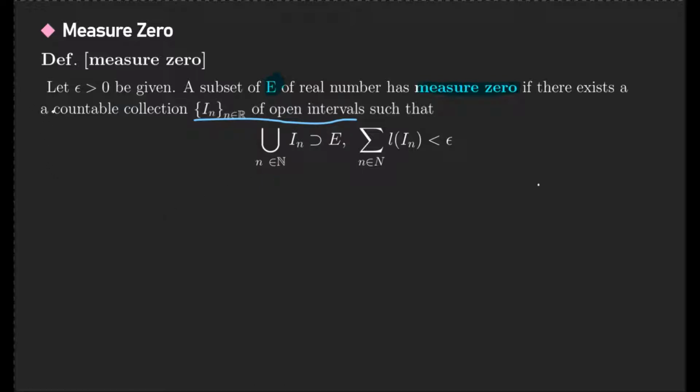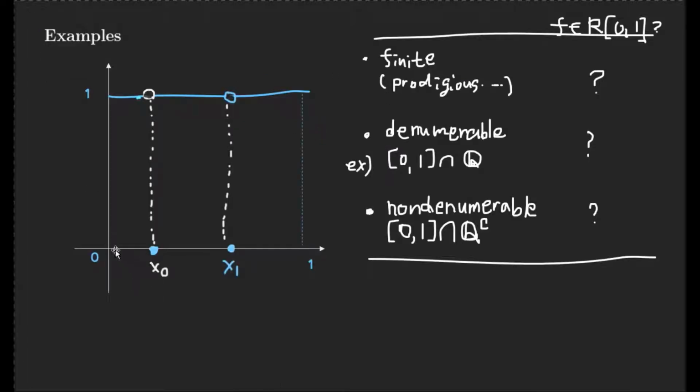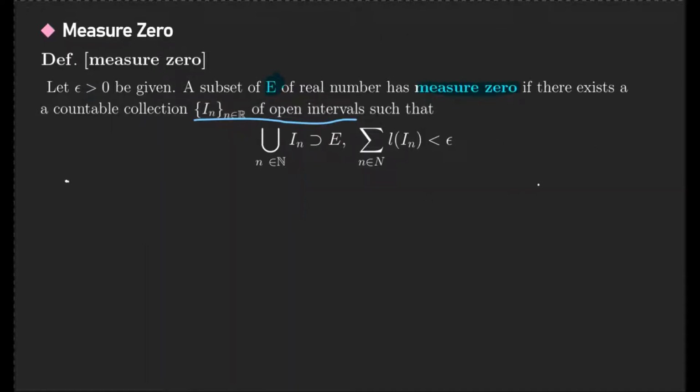So for example, in the previous example, we had two discontinuous points for the Riemann integral. Okay, so I set X, the whole set, as the given closed bounded interval [0, 1], and E is the two points x1, x2.